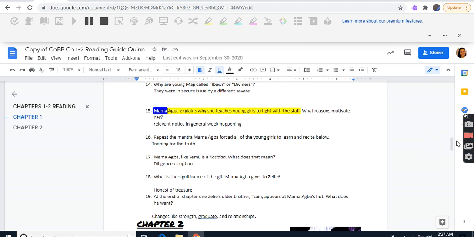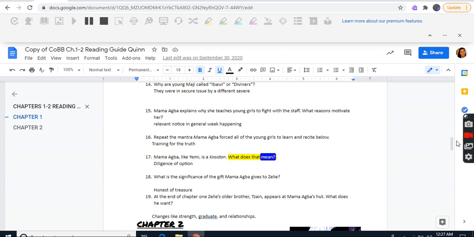15. Mama Agba explains why she teaches young girls to fight with the staff. What reasons motivate her? 16. Repeat the mantra Mama Agba forced all of the young girls to learn and recite below. Training for the truth. 17. Mama Agba, like Yimi, is a Kosidán.